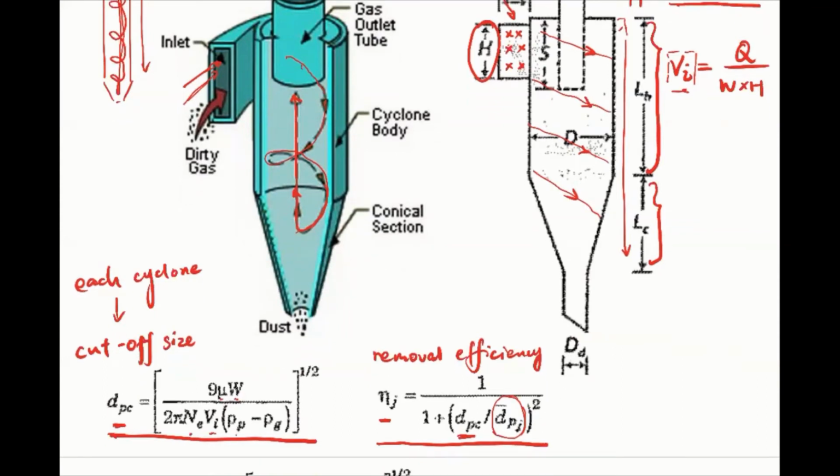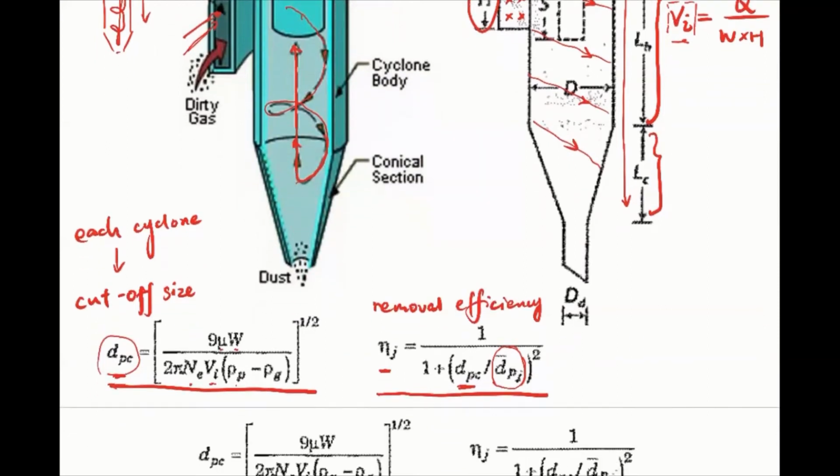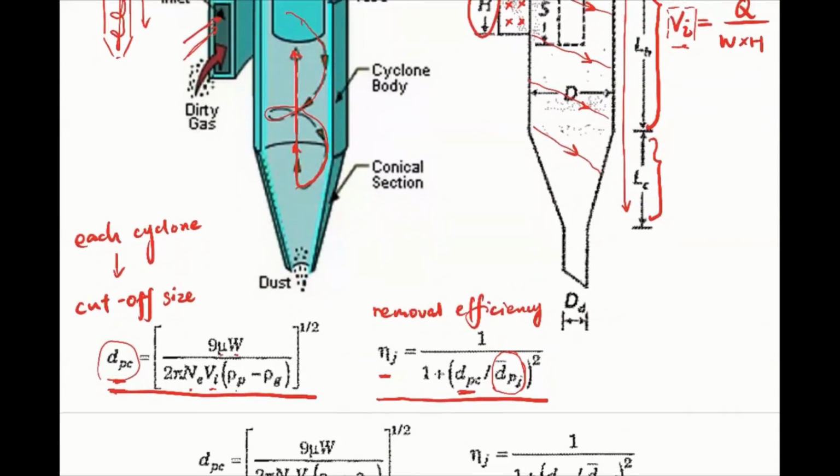The second equation basically uses this cutoff size. If we know particles of a specific size, then we can calculate the removal efficiency. Let's say for example, for a cyclone, after we plug in the numbers, we find that this cutoff size is 5 microns.